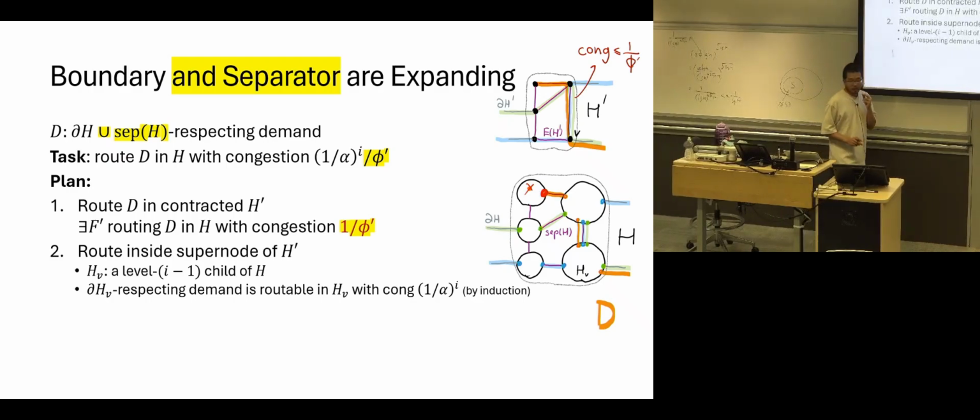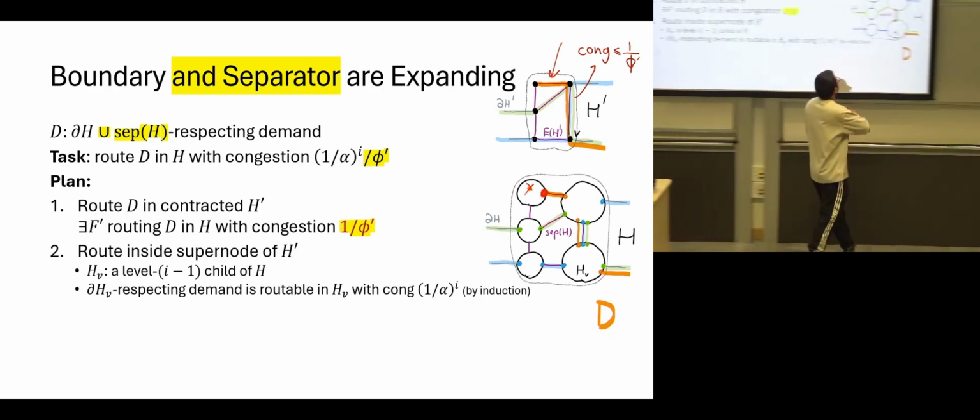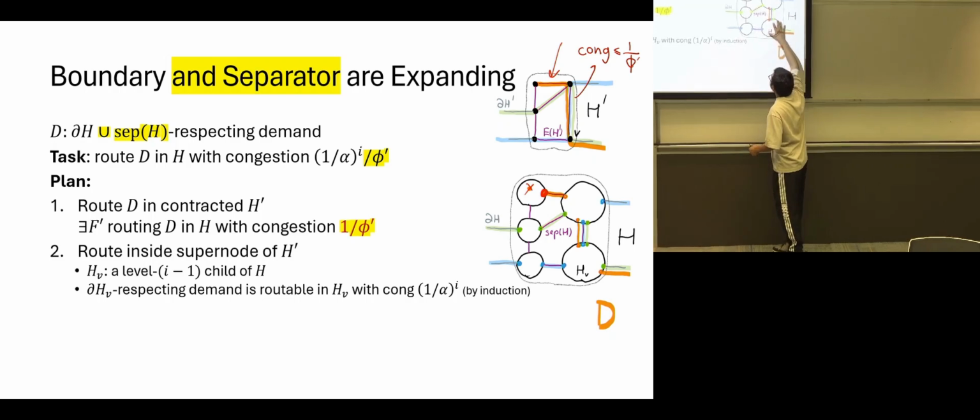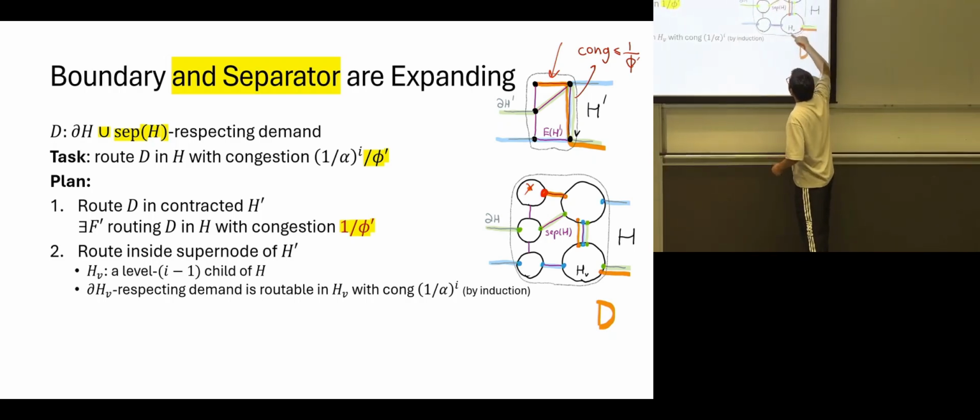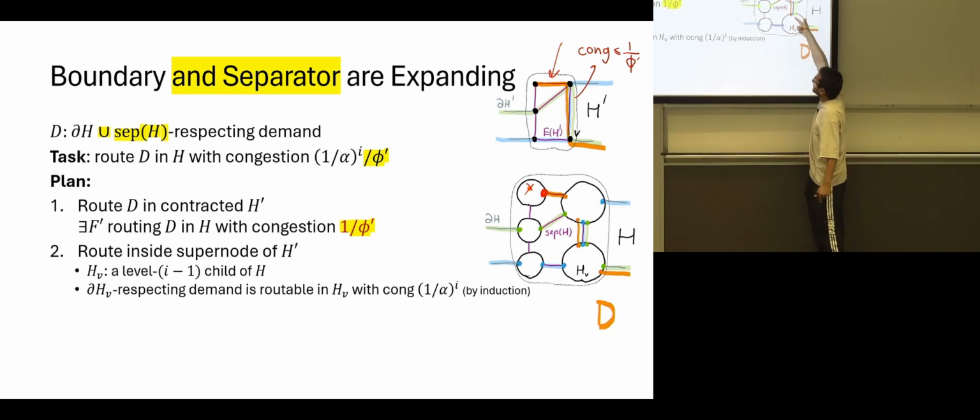We know that once you have a routing in H prime, that induces the demand between each supernode, and inside each supernode, to route inside the supernode here, this demand is only between the battery of the supernode.